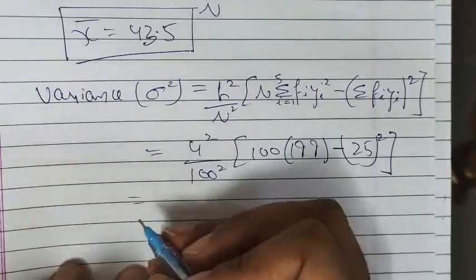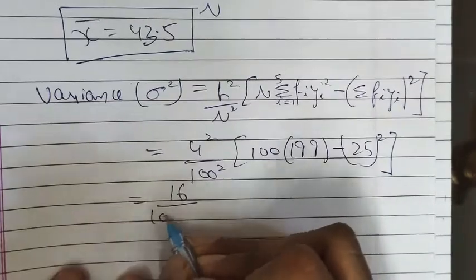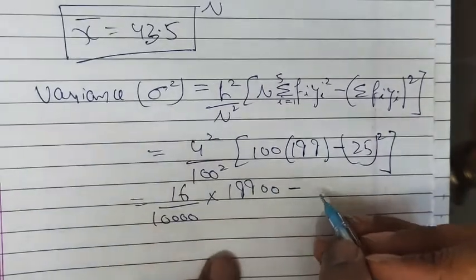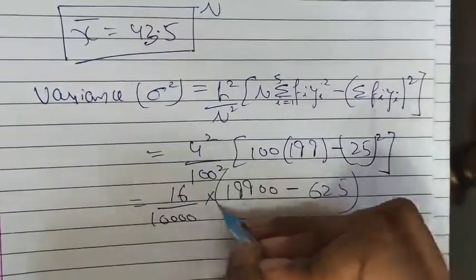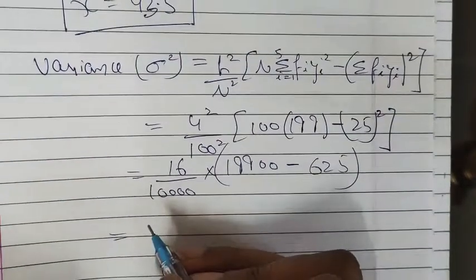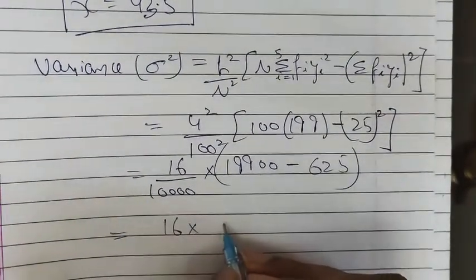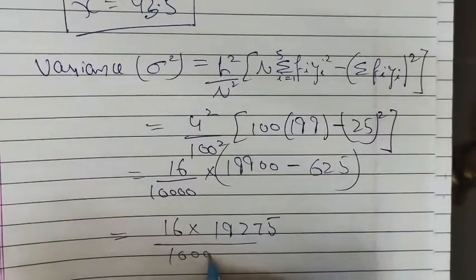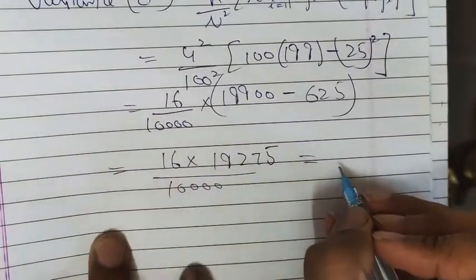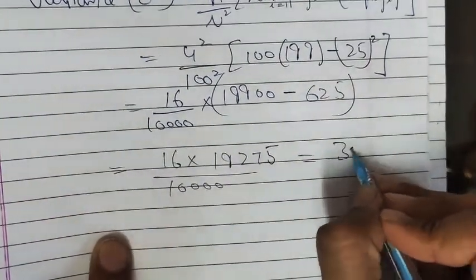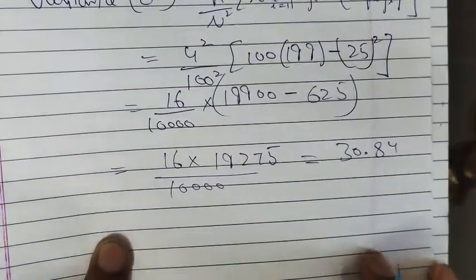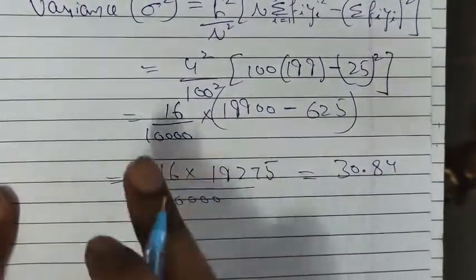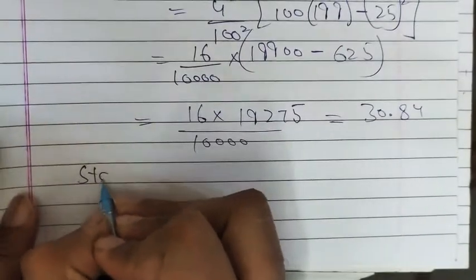So which is 16 upon 10000 multiplied by 19900 minus 25 square is 625. When we solve it, it will be equal to 16 multiplied by 19275 upon 10000, so this will be equal to 30.84, right? It was pre-calculated, so 30.84 is the answer of the variance.